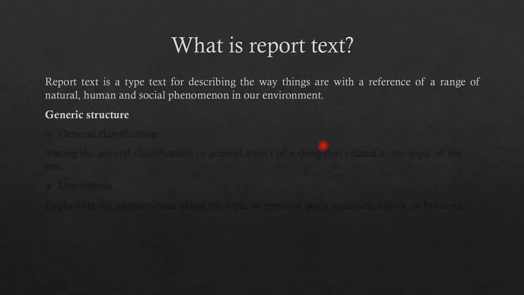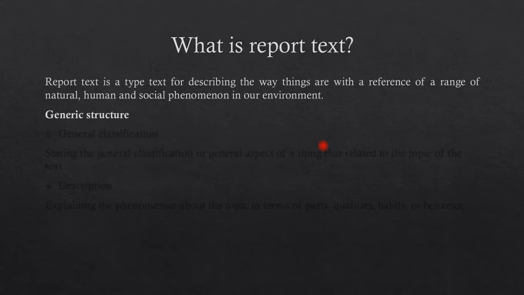For example, you want to report about a dog, but you don't do it the way you do it for the descriptive text, like my dog. In the report text, you will do it like a dog, just dogs.